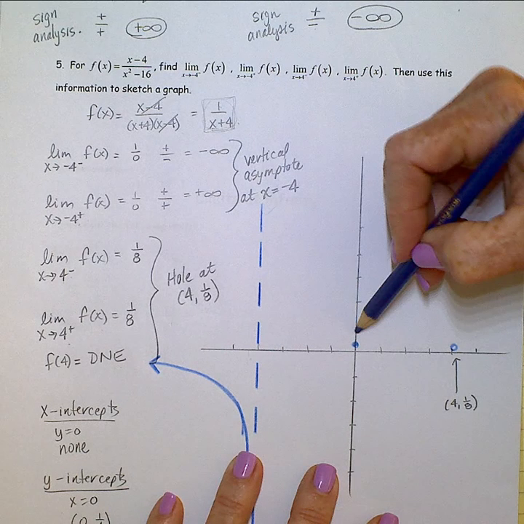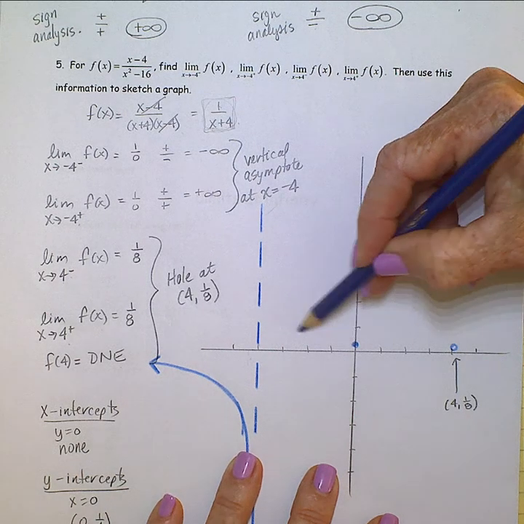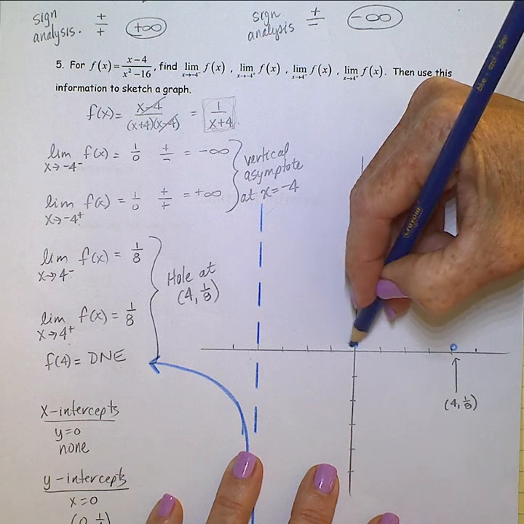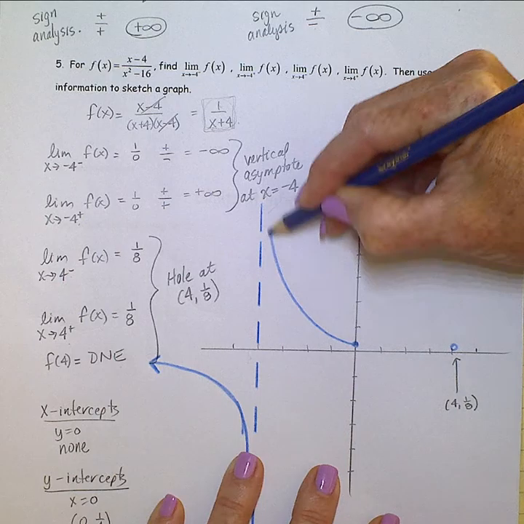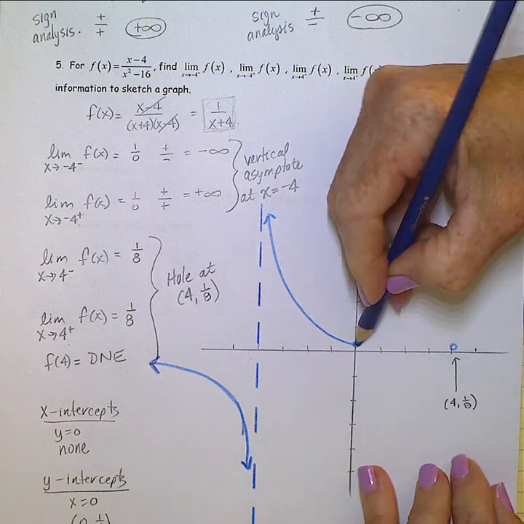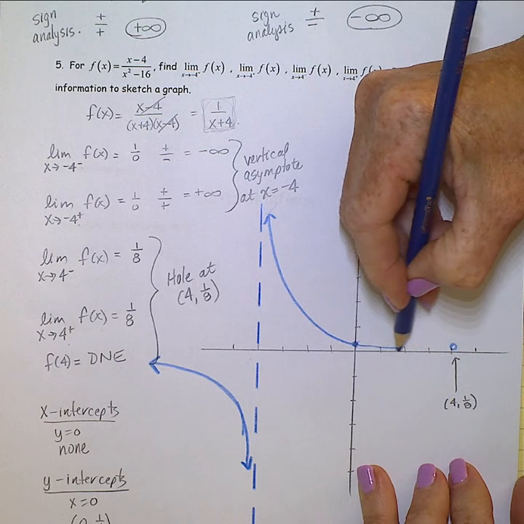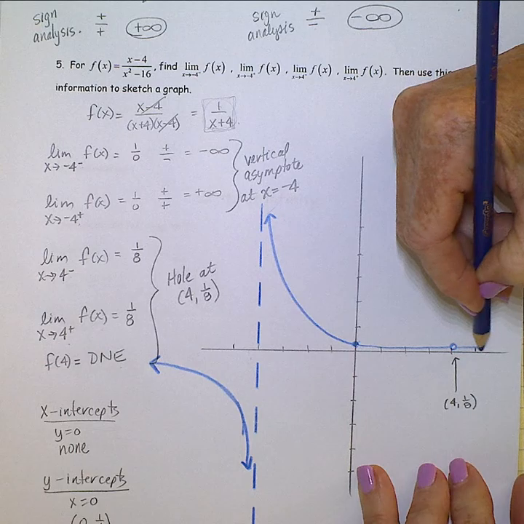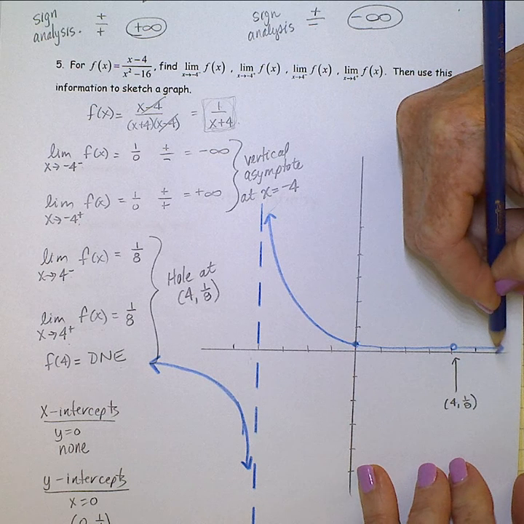As I get closer to -4 from the right-hand side, these y values are getting bigger and bigger. And we can connect these up with the y-intercept that we have to hit, and also with this hole over here that we have to hit. It does not cross the x-axis, so it just flattens out along here.